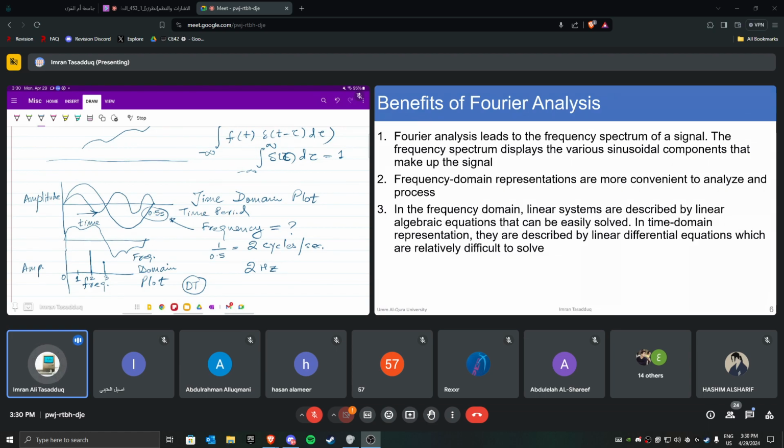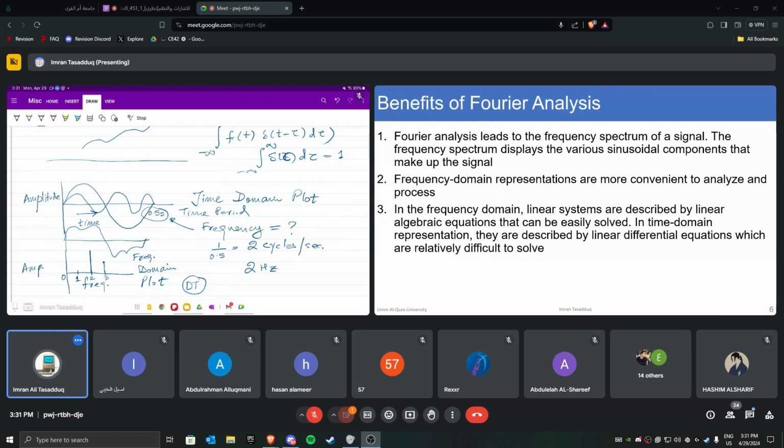Secondly, frequency domain representations are more convenient to analyze and process. There are many cases in which working in the time domain becomes very tough, so we move to frequency domain analysis. Another example is that in the frequency domain, linear systems are described by linear algebraic equations that can be easily solved. You know the algebraic equations like 2x1 plus 3x2 is equal to 0, or x1 square minus 2x2 plus 3 equal to 5.